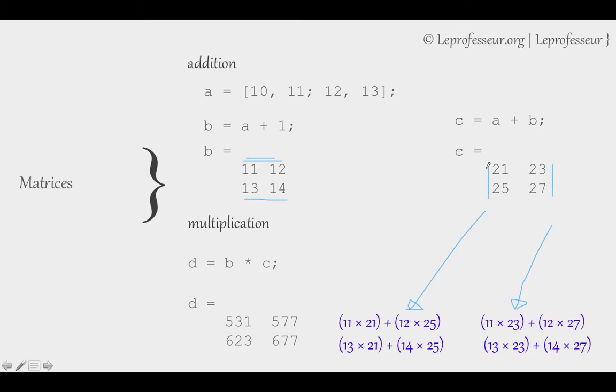This multiplied by this becomes the second row. 13 multiplied by 21 plus 14 multiplied by 25. Okay, and again for the second row, second column, this multiplied by 23, 27 becomes your last element. Good. So that was a simple matrix multiplication example.